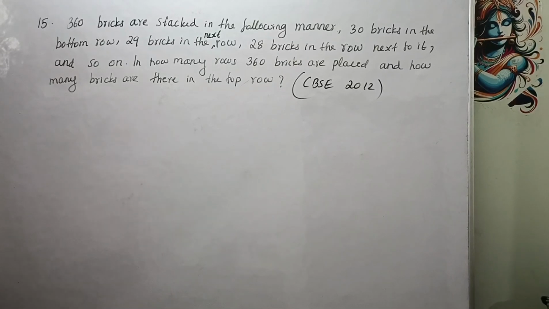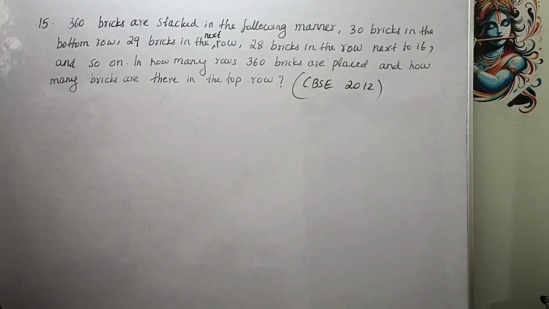Bricks are stacked in the following manner: 30 bricks in the bottom row, 29 bricks in the next row, 28 bricks in the row next to it, and so on. In how many rows 360 bricks are placed and how many bricks are there in the top row? See, here the bricks stacked in each row form a sequence.